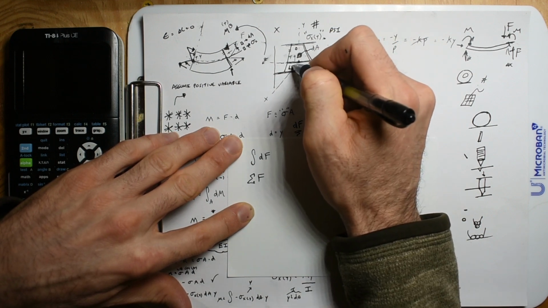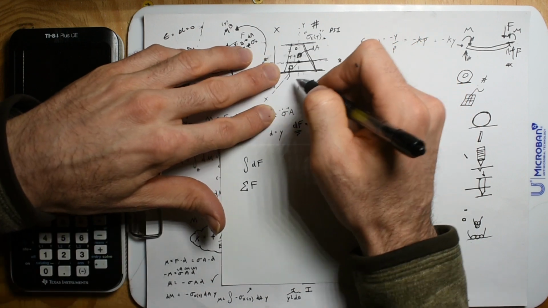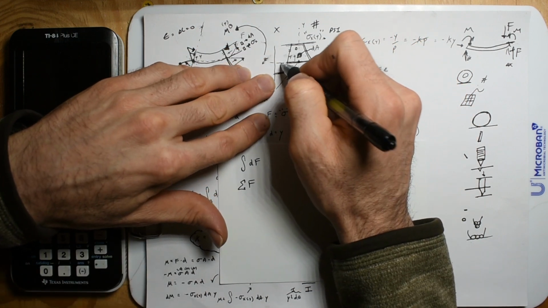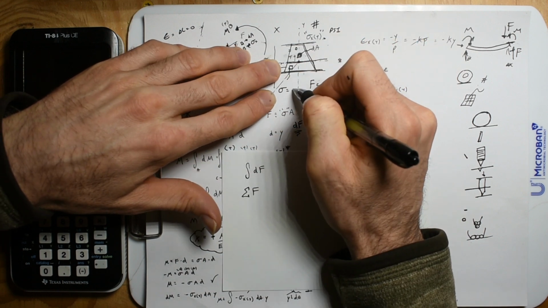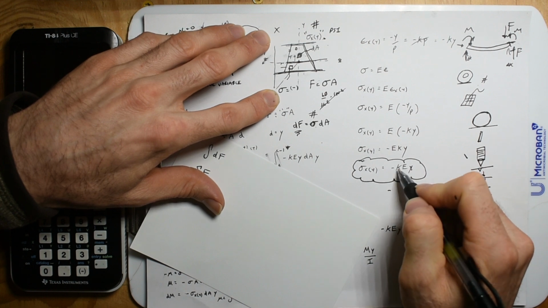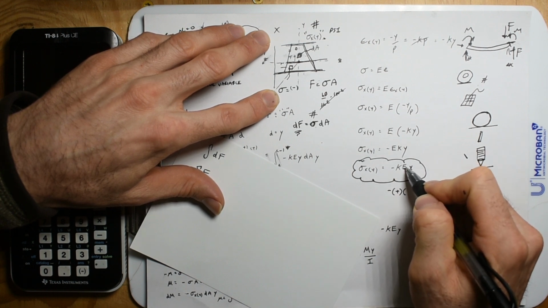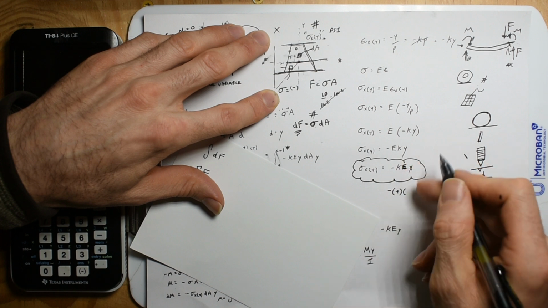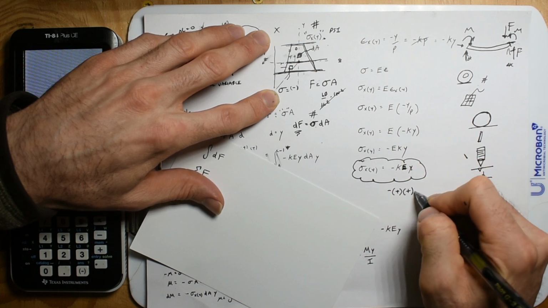So when we're down here, this value of y is a negative value of y, and so we come to our equation. We're going to have negative, curvature is positive. This is the slope of the stress-strain curve, we talked about that, that's positive.